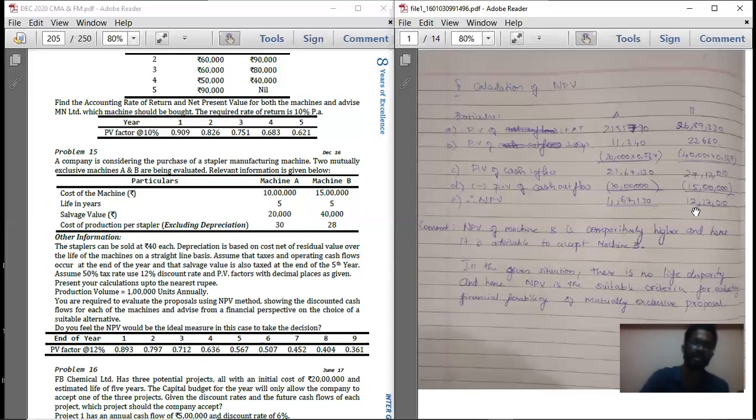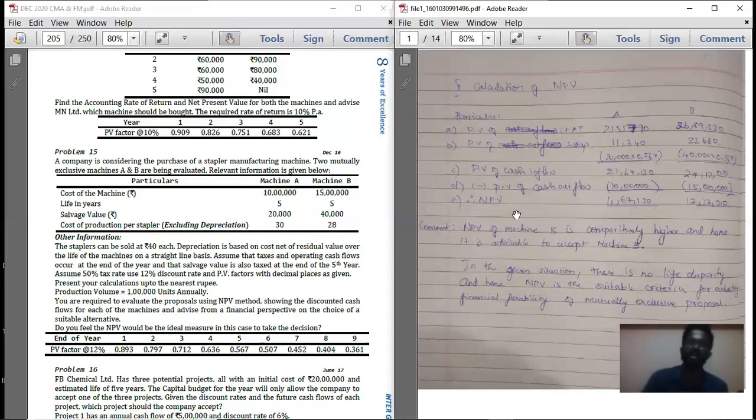These values are nothing but the net present value, because present value of cash inflow minus present value of cash outflow is NPV, that is net present value. So in respect of those values record net present value, NPV.